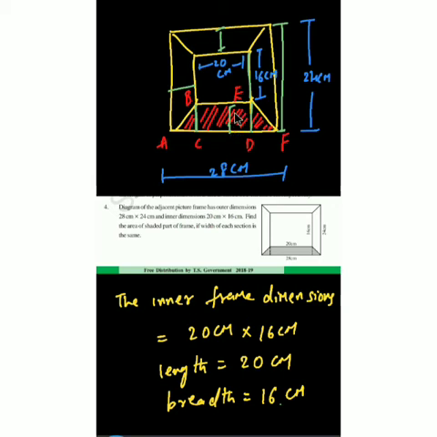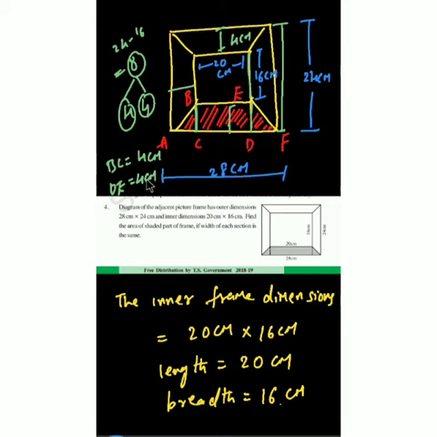How much is reduced? 24 minus 16, that is 8. Equal means we need to make two equal parts, that is 4 and 4. So here it is 4 centimeter, as well as this is also 4 centimeters. So BC is equal to 4 centimeter.